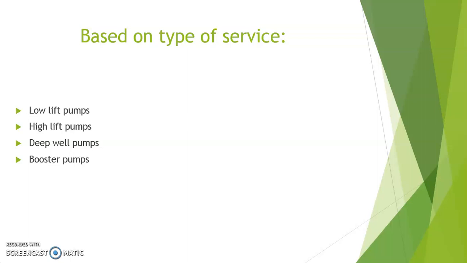What is a low lift pump? If the delivery head, that is the difference between the delivery point and the operating point of the pump, is not much, then we call those pumps low lift pumps.